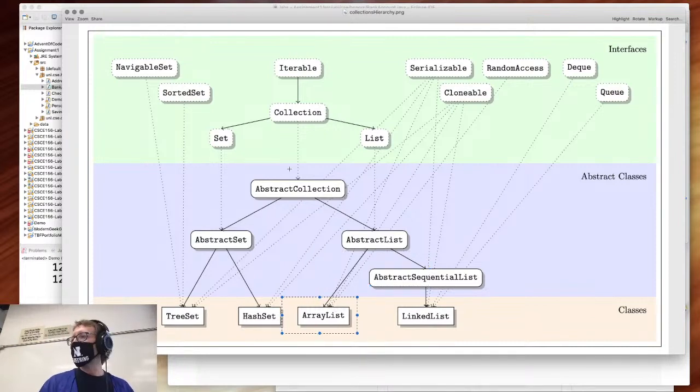I don't want to get into that. So it's an abstract collection. It's an abstract list. It holds things. It holds things in an ordered manner, and it uses an array to do so. But also, it has all these things up here. You can treat it as serializable. You can treat it as clonable. You can treat it as random access. You can treat it as a deck, or actually no, that's a linked list over here, right? But you can mix these things in over here.